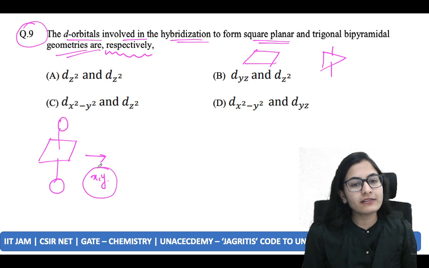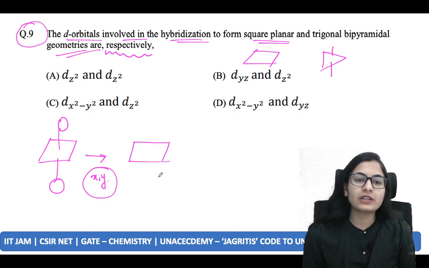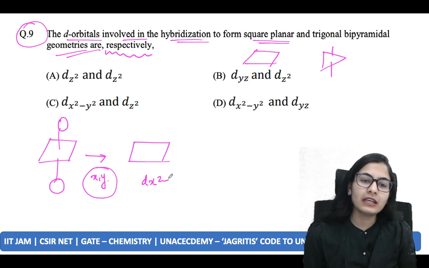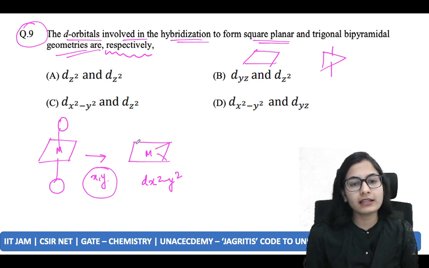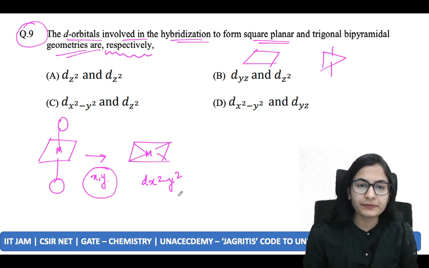So x and y axis ligands you are keeping and the z axis ligands you are removing. So which axis will be used? Definitely dx square minus y square from the metal itself to interact with the remaining ligands that you have got on the square plane. Okay.